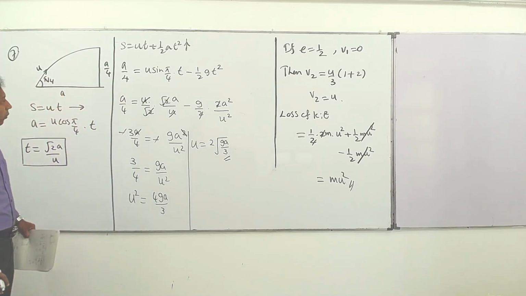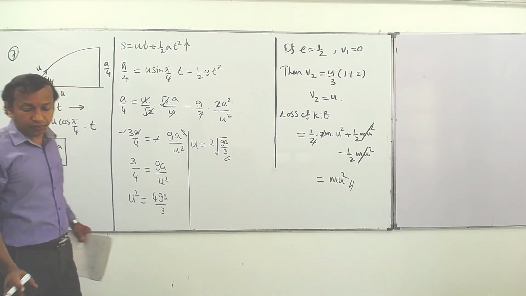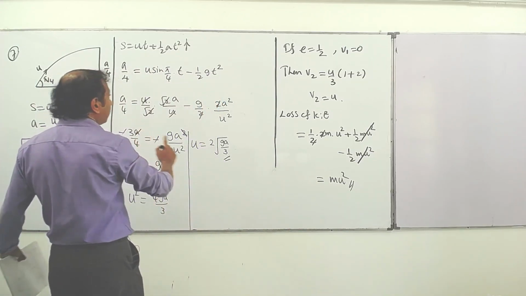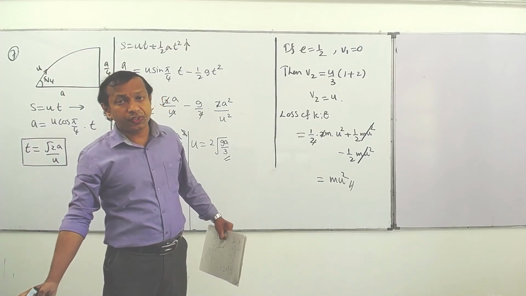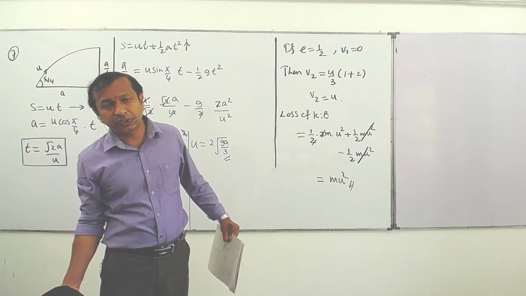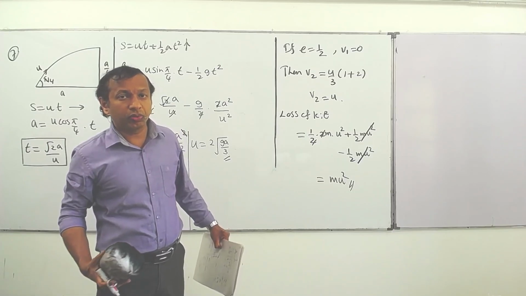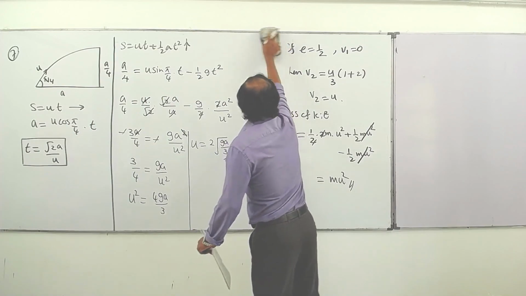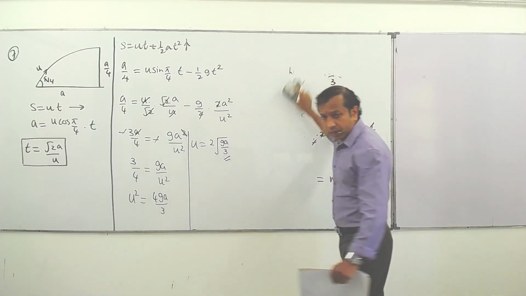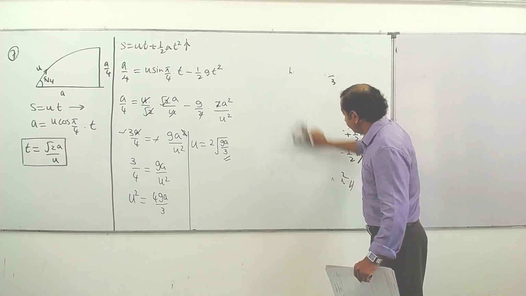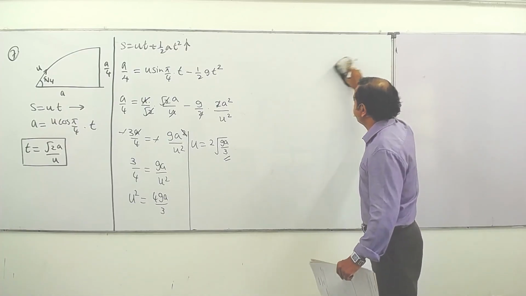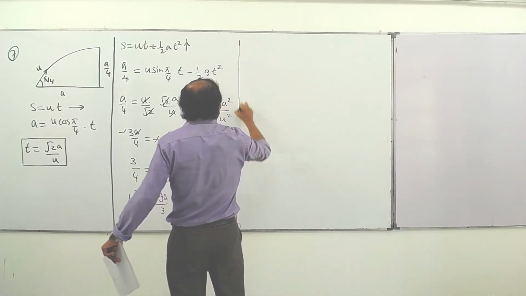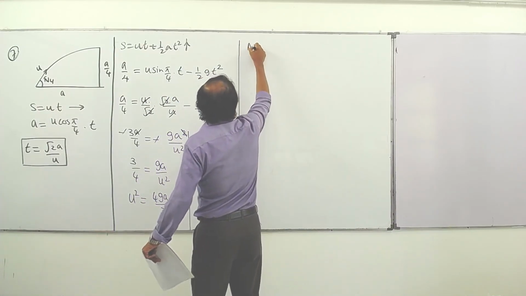Now it asks for the maximum height. Now we apply for the motion: at the maximum height, the vertical velocity component is 0. Then in the vertically upwards direction we apply v squared equals u squared plus 2as to find the maximum height.